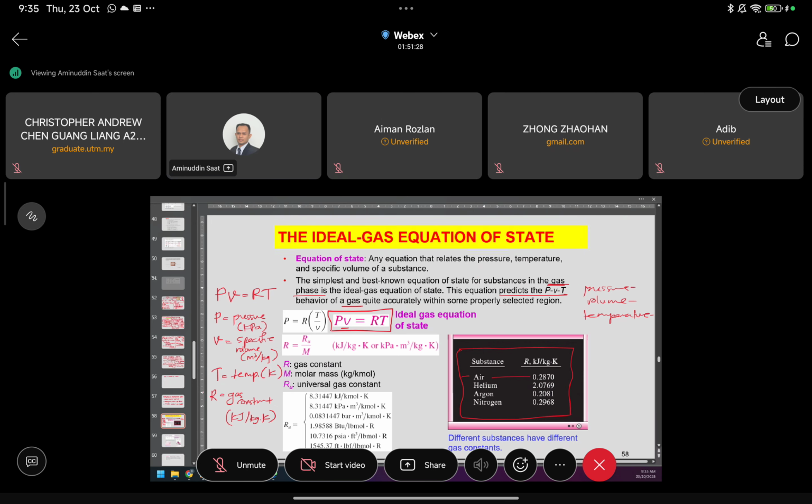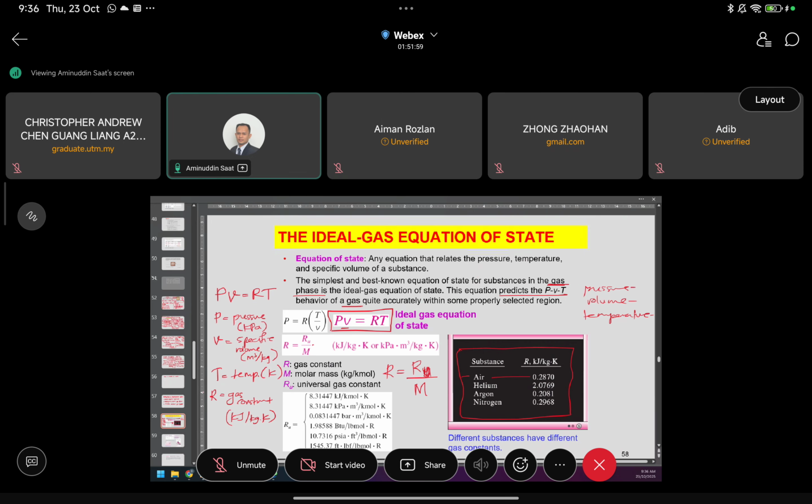If you don't know the gas constant, you can change the gas constant to terms of Ru. The gas constant can be calculated if you know the universal gas constant Ru divided by M. M is the molar mass, the molecular weight of the gas.